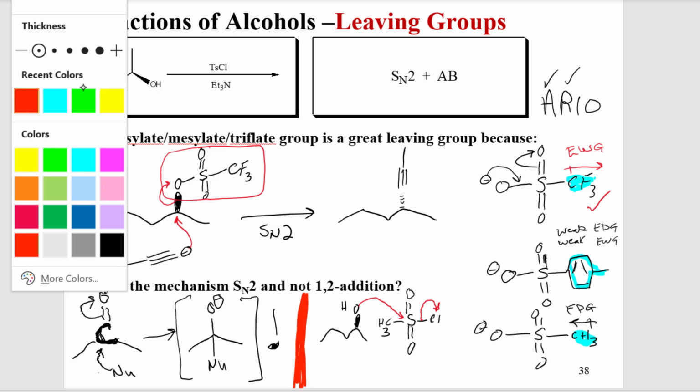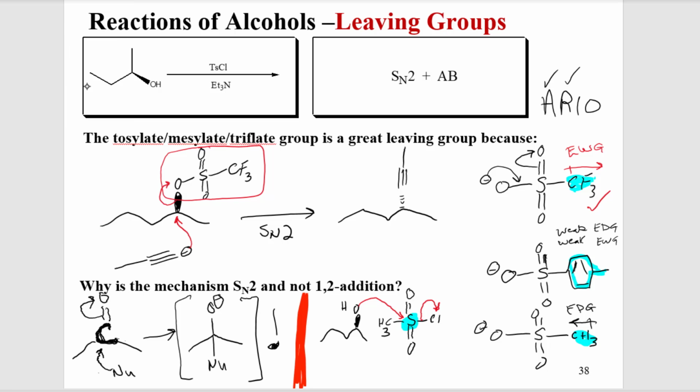Because sulfur has d orbitals. Okay, so we're going to be allowed to do these SN2s on these systems. You're probably going to go into biochemistry and see ATP, ADP chemistry, where they're going to have a nucleophile attack the phosphorus and immediately kick out an oxygen, and they're not going to do in, up, down, out. And you're going to go, whoa, biochemistry teacher, you're supposed to do a 1,2 addition there.